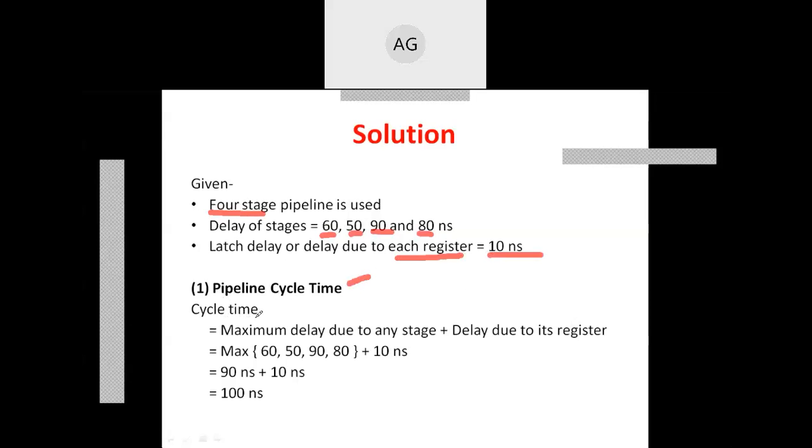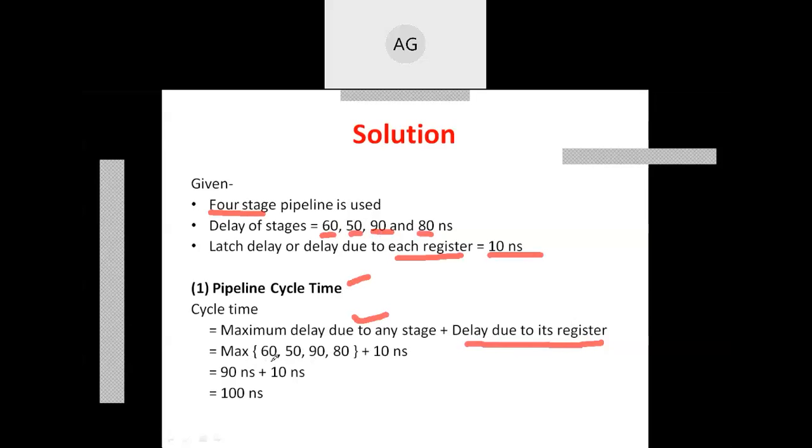So first, cycle time is equal to the maximum delay. This is the formula for calculating the pipeline cycle time. So cycle time is equal to maximum delay due to any stage plus delay due to its register. So out of these stages, you need to take only the maximum value.